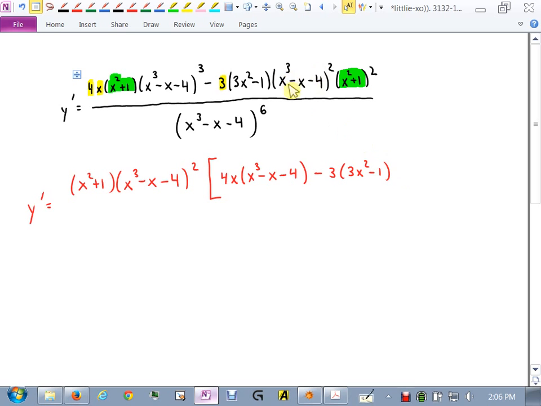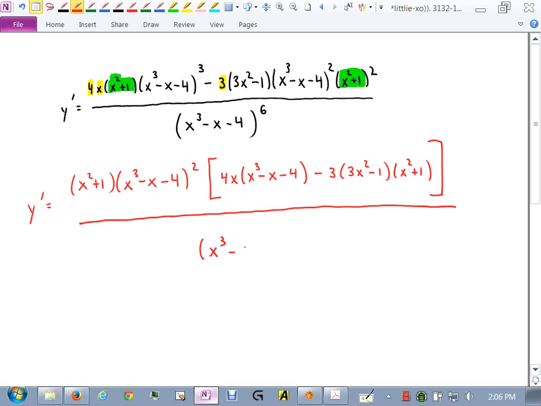And we pulled both of these out, right? So it's gone. And then we pulled one of those out, so just x squared plus 1. That's all that would be left in there, right? All of this over x cubed minus x minus 4 to the 6th.